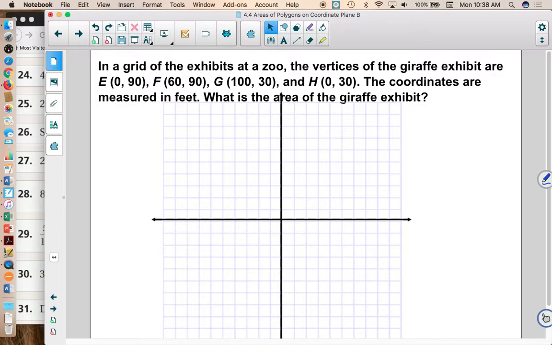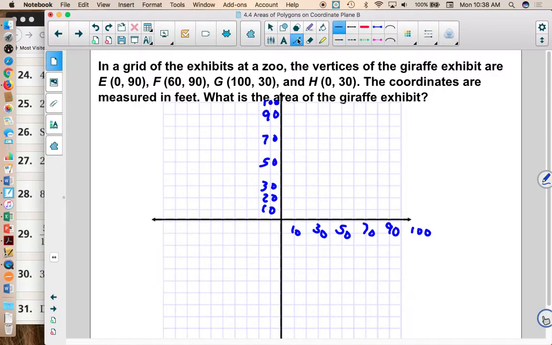So if I number this by tens, I've got 10, 30, 50, 70, 90, on out, and hopefully I do need 100. So we're going to say my 100 is out here, but I don't have it on my graph. Just because I need 100, I'm going to throw one in there. There's my 100. That way I can mess with it.